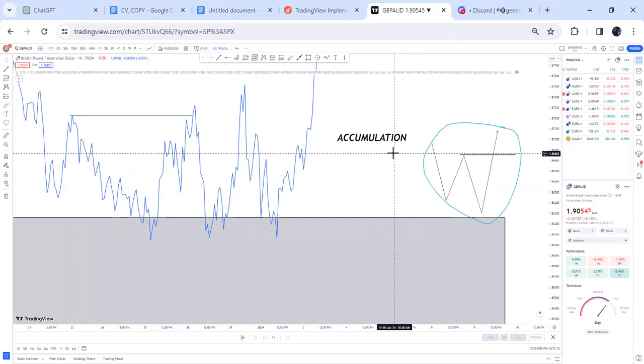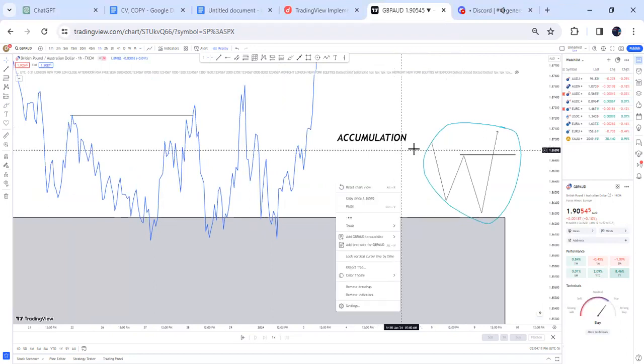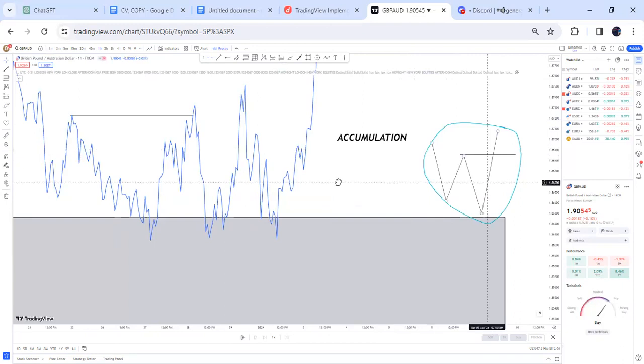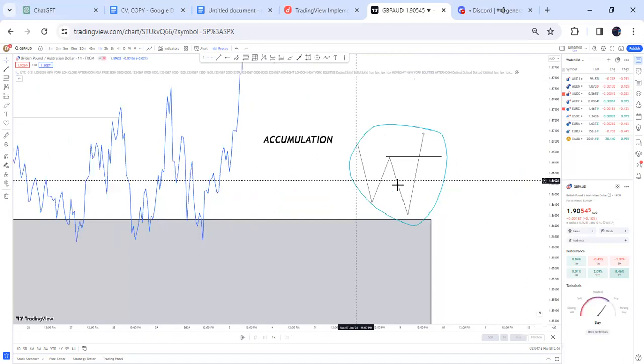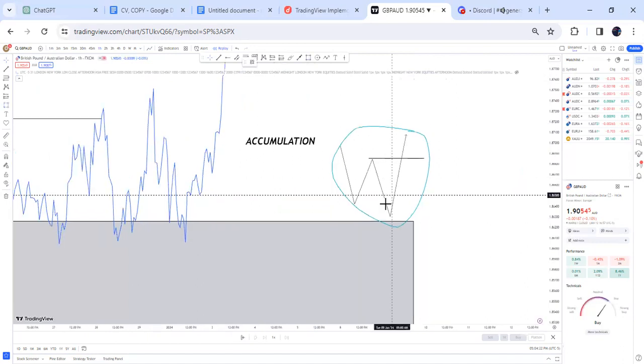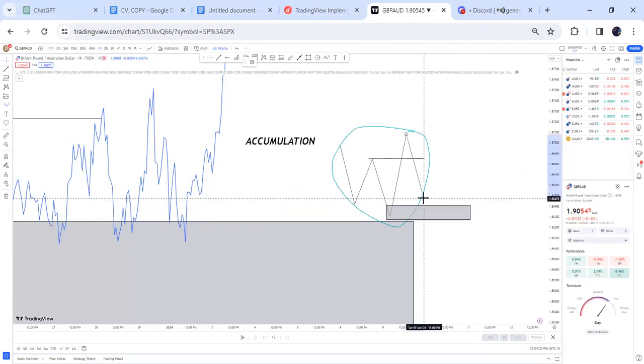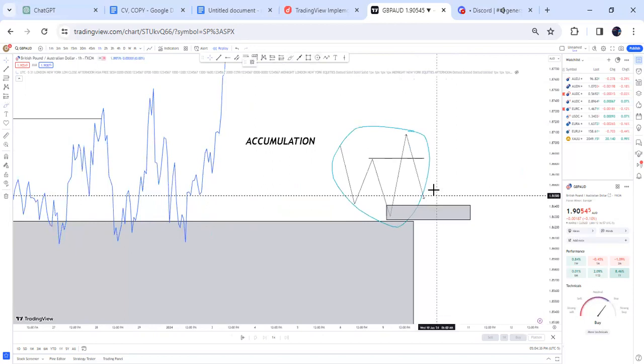Now, we are not just looking for accumulation, we are looking for a reaccumulation. Now, what is reaccumulation? Reaccumulation is when you have this first accumulation and you have your point of interest here and you're looking to buy. When price gets to this region, the same thing that happened here, you want to see it also happen again at this region.